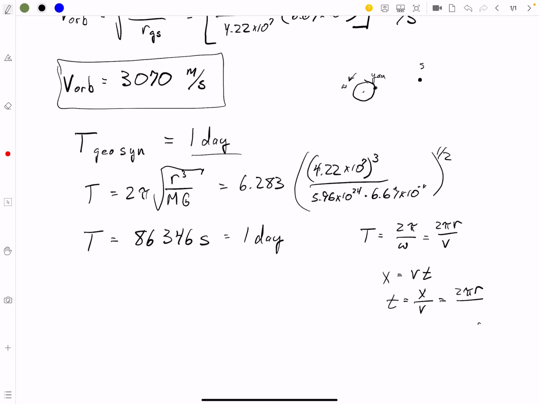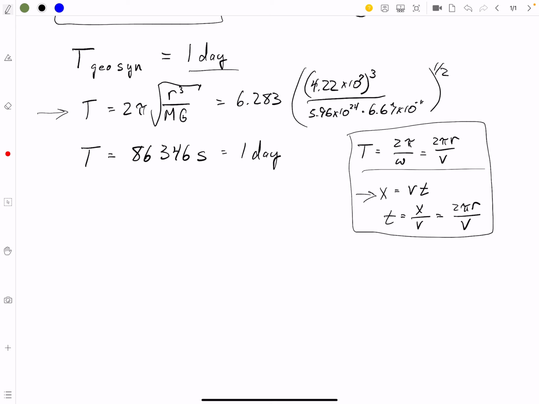Okay, so all we did here was use x equals vt and the fact that a circumference of a circle is 2 pi r. All right, that is a quicker way to get the answer. We did it the hard way here, but once you have your v orbital right there, you can easily do this. Okay, so keep that in mind for when you have problems on tests that you need to do quickly.